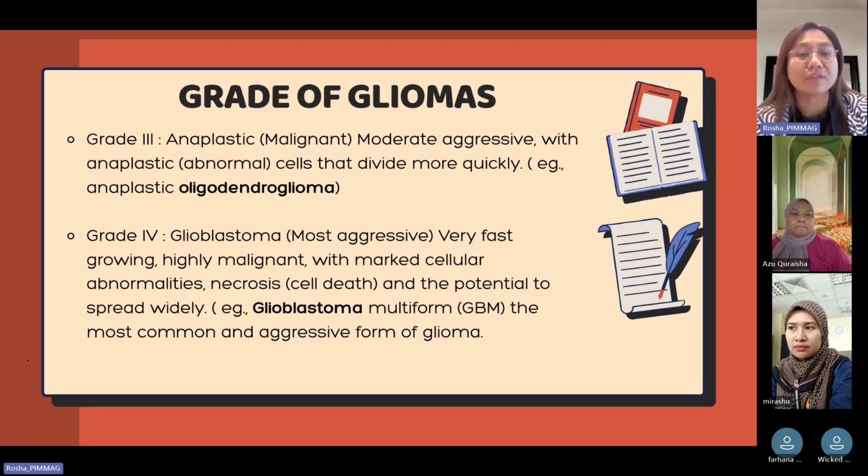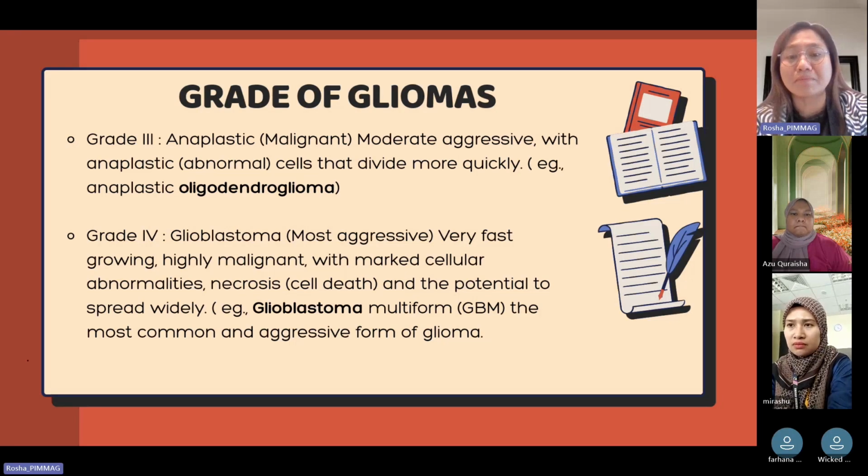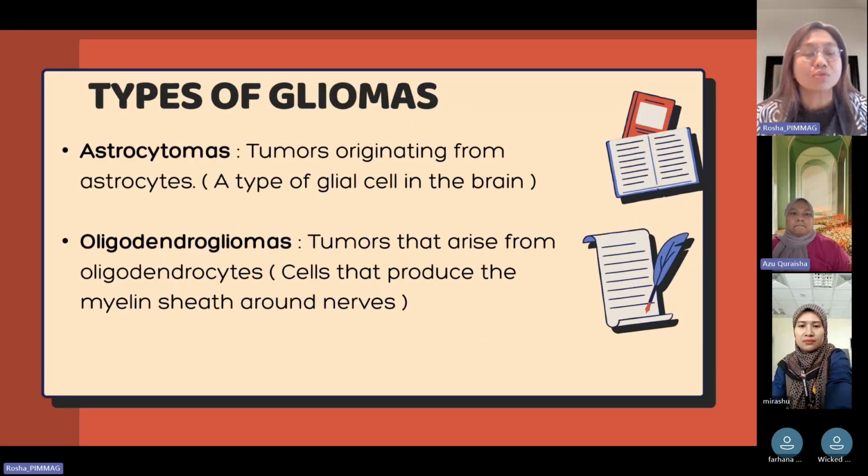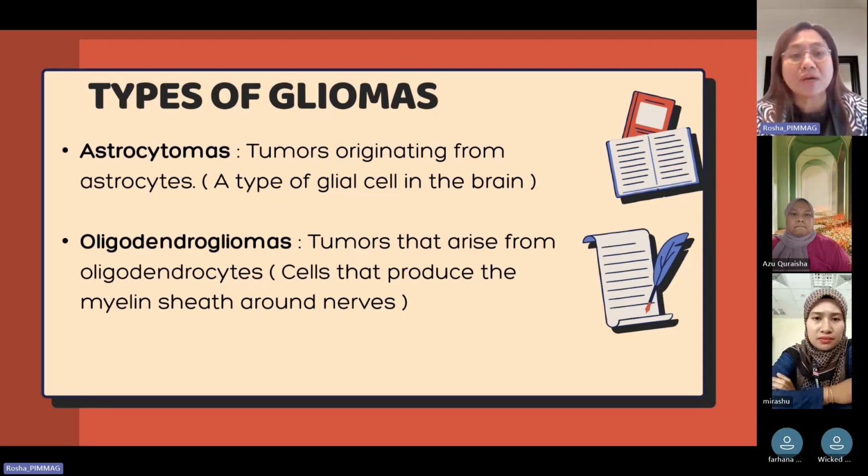Grade 4 is glioblastoma, which is very fast growing, highly malignant, with marked cellular abnormalities, necrosis, cell death, and the potential to spread widely. Glioblastoma multiforme is the most common and aggressive form of glioma. So these are the types of glioma, basically categorized by grade.